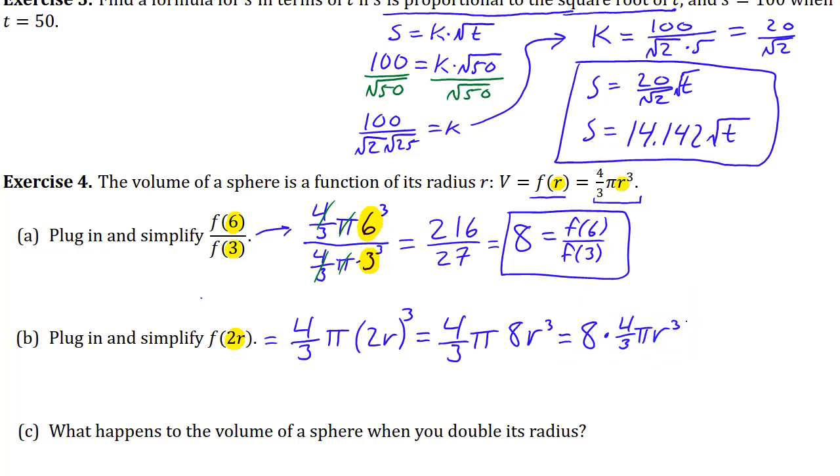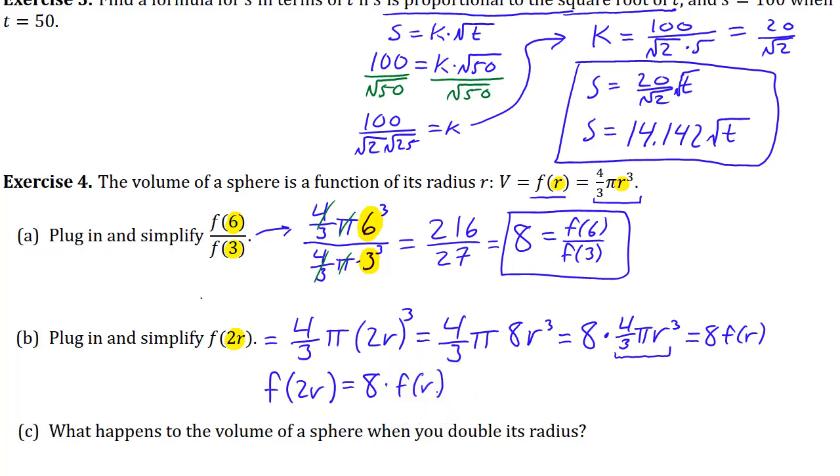Why am I doing that? Well, because 4/3 times pi r cubed, this whole thing here, is f of r. So what this is saying is that f of 2r is equal to 8 times f of r.